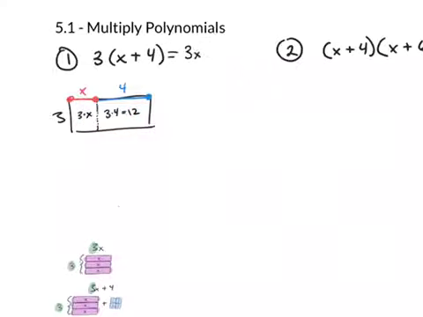So the total area could also be 3x plus 12. And I know some folks like to write an arrow to represent, hey, multiply 3 times x, that gives you the first part of the expression, and then multiply 3 times 4, that gives you the second part of the expression. So when we're multiplying with parentheses or multiplying groups together, we've got to be careful.